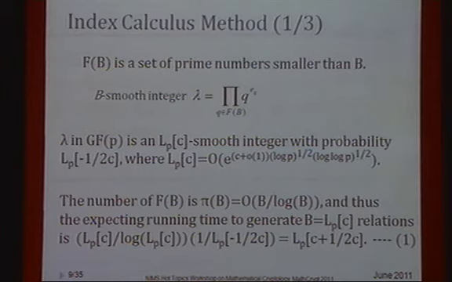In the case of the index calculus method, this is a sub-exponential size for given p. Let's say an integer lambda is an L_p(c)-smooth integer. Then the probability that this lambda is L_p(c)-smooth is this one.